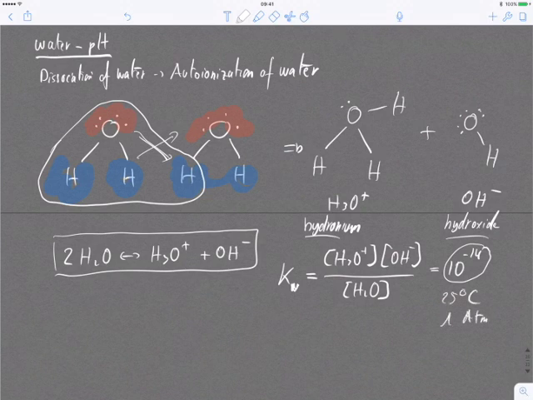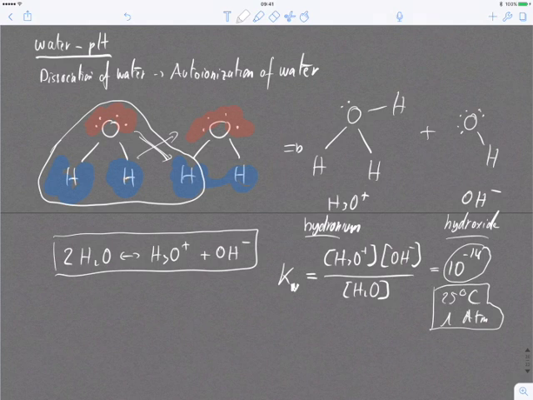Very important. What is the equation telling us? It's telling us that in normal conditions at room temperature, if you have a bucket of water, 99.9%, even more than that, will be in the form of H2O. But a certain amount of those molecules will interact with each other and produce a hydronium and a hydroxide.